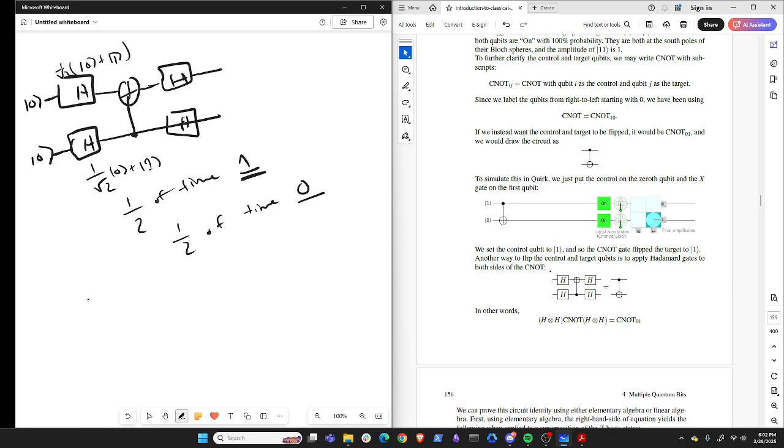So 2 Hadamard rotations are an identity matrix. By wedging this C0 in here, we put both of these into equal superpositions. Then we assess our C0, which half the time will become 1, half the time will become 0. Then we apply another H to put things back, and we have our unified state at the end.